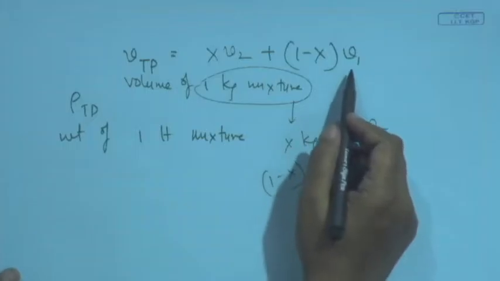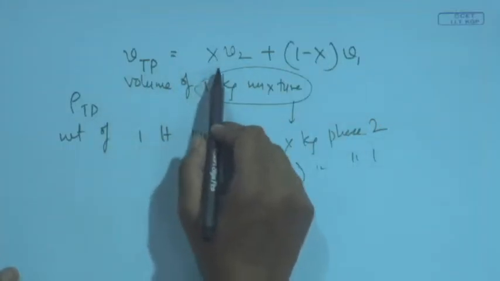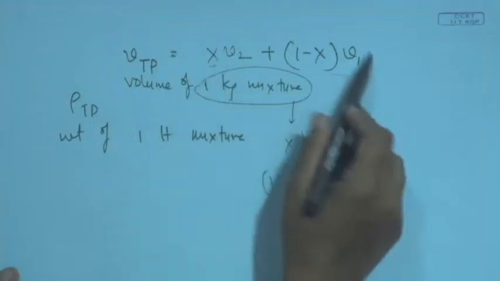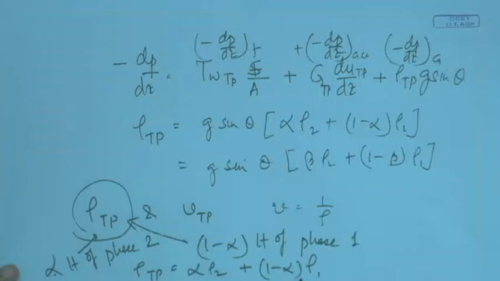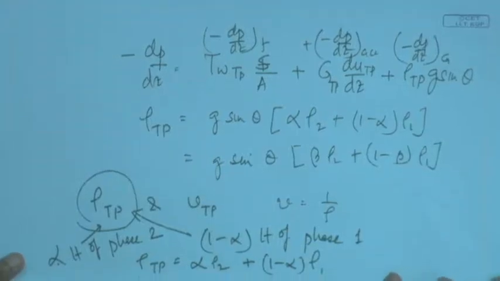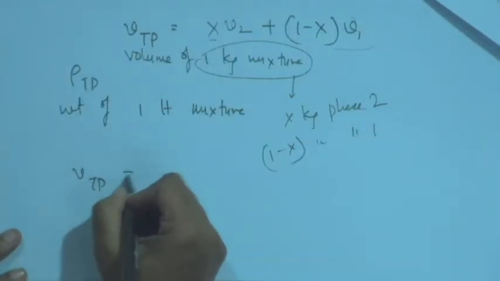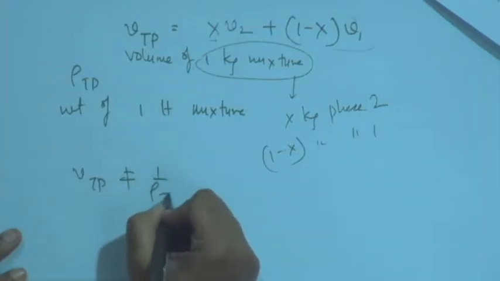So, while V_TP is expressed in terms of the quality of the mixture, rho_TP is expressed in terms of the volume fraction. And therefore, it is quite evident that V_TP is not the reciprocal of rho_TP.